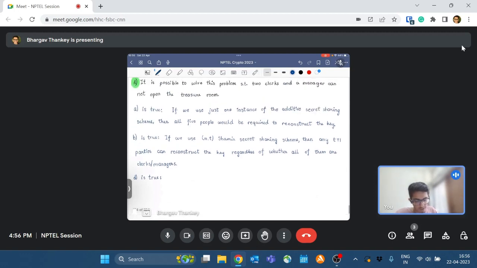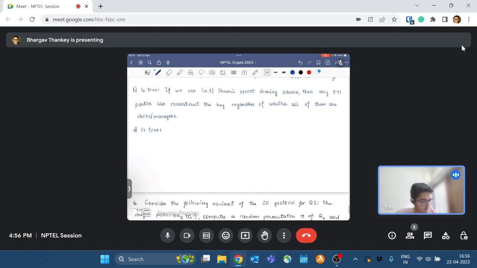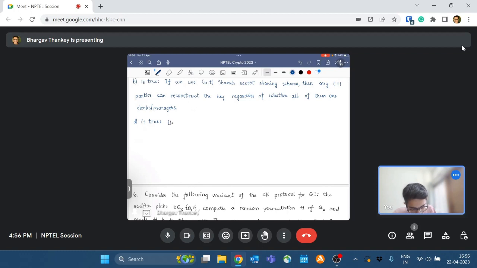Option D is: it is possible to solve this problem such that two clerks and a manager cannot open the treasury room. So here's how we can solve it. For the three clerks we use 3, 2 additive secret sharing, and for the two managers we use 2, 1 additive secret sharing.